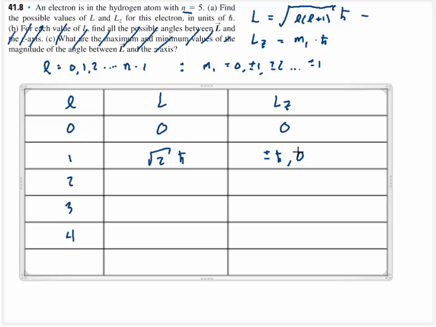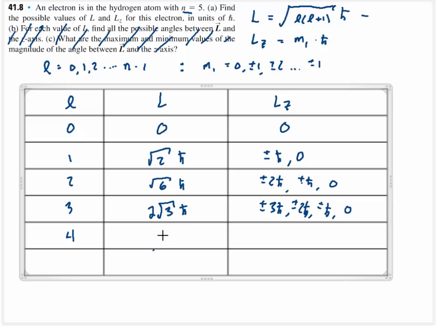Now for L equal to 2, we're going to have the square root of 6 multiplied by h bar. And here we're going to have plus and minus 2 h bar, plus and minus h bar, and 0 for the z components. L equal to 3, we're going to have 2 square roots of 3 multiplied by h bar, and then plus and minus 3 h bar, plus and minus 2 h bar, plus and minus h bar, as well as 0.